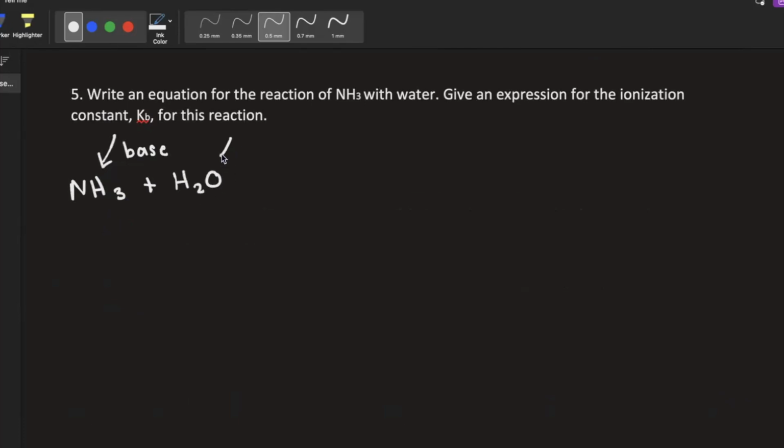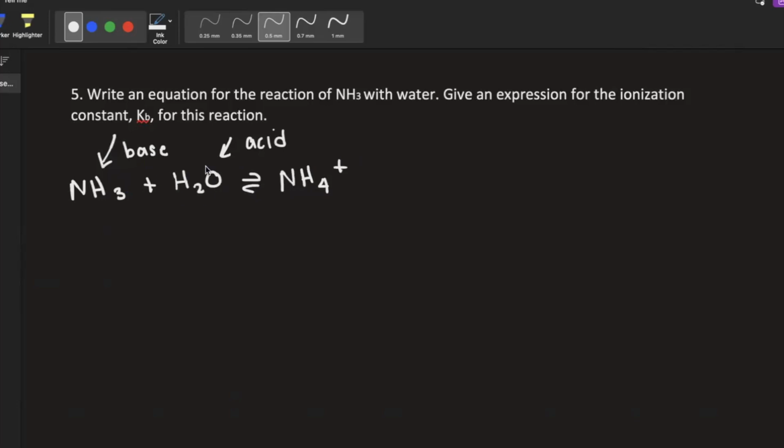We know that our water is going to function as our acid, right? So we can tell that the base is going to be gaining a proton. So it's going to become NH4 plus.